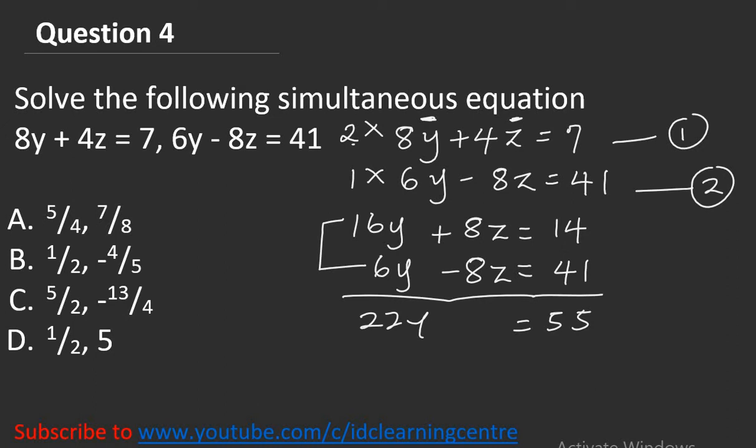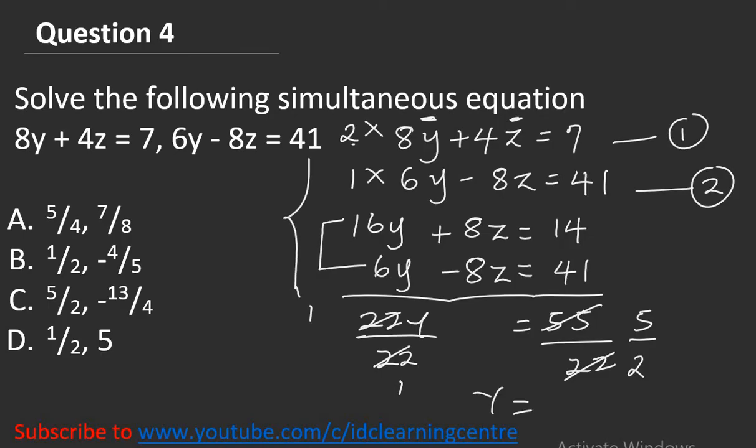To get the value of y now, we'll divide both sides by 22. So y is equal to 11 into 22 is 2, 11 into 55 is 5. y is 5 over 2. To get the value of z, you go to either equation 1 or 2 and substitute the value of y.